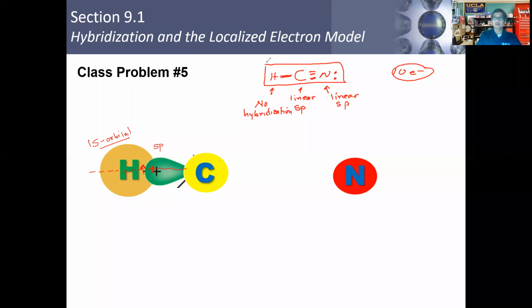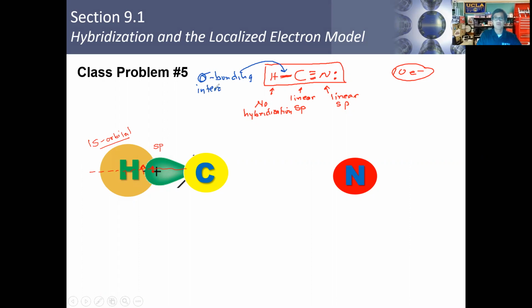This interaction between carbon and hydrogen, let's go ahead and draw this in here in this manner. This is a sigma bonding interaction. Why?